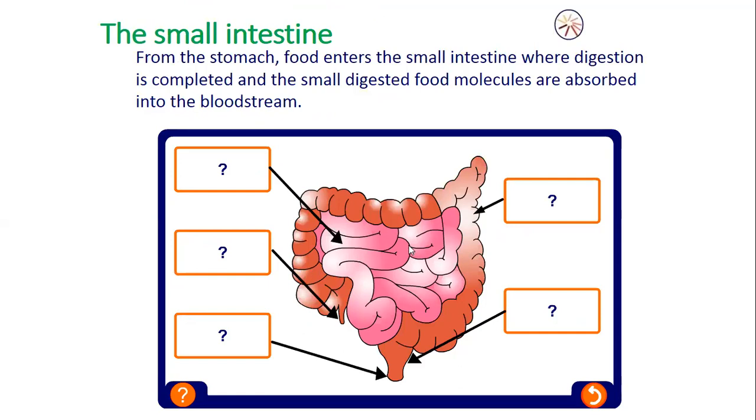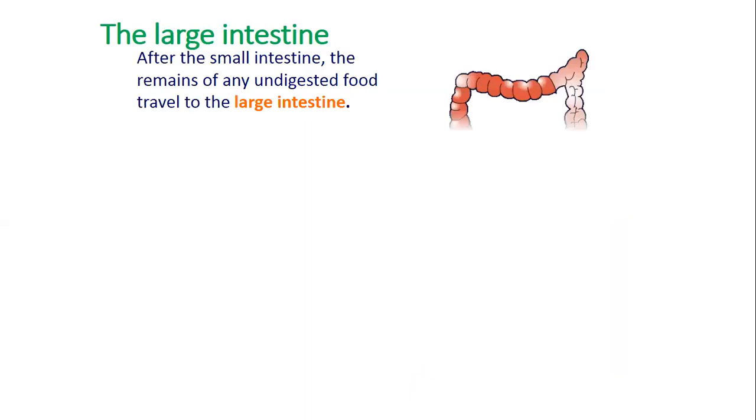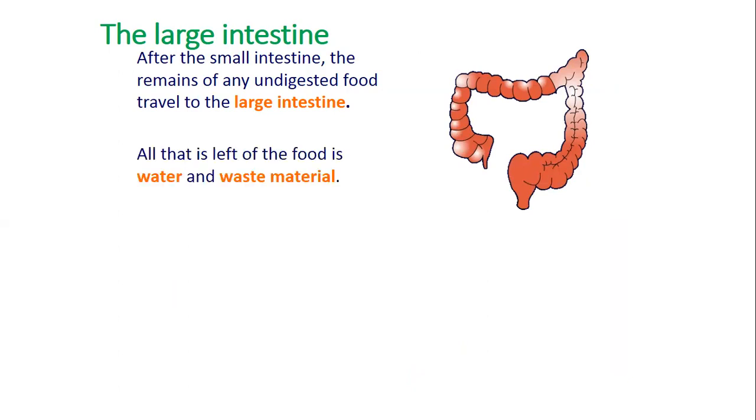The small intestine in general: from the stomach, the food enters the small intestine where digestion is completed, and the small digested food molecules are absorbed into the bloodstream. In the large intestine, after the small intestine, the remains of any undigested food travel to the large intestine.